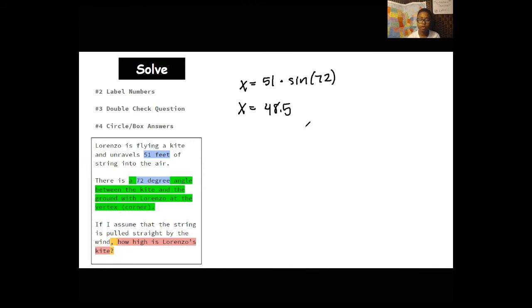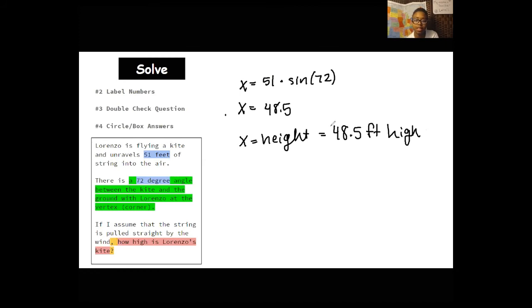What does this 48.5 represent? Well, if you remember, our x represented the height of the kite from the ground. So our height is actually 48.5 feet. And that's our answer.